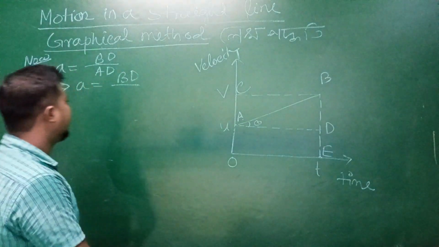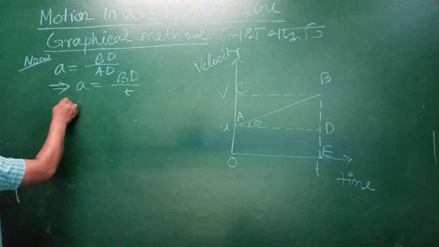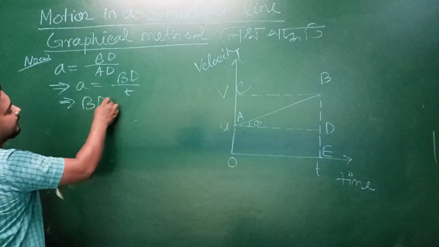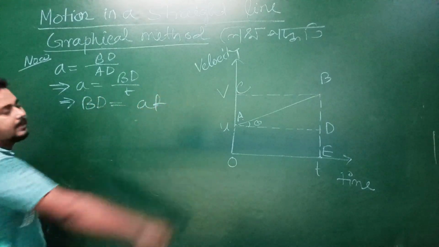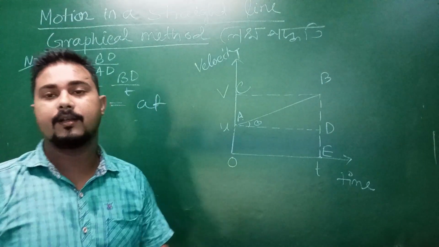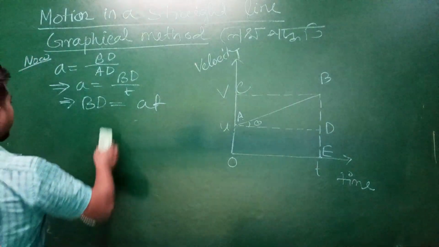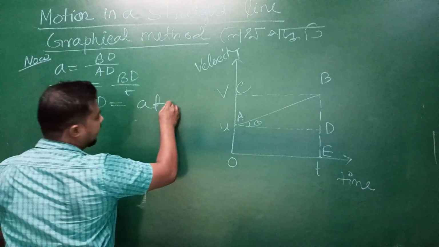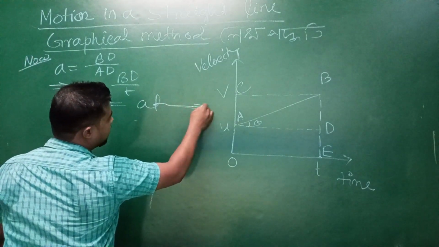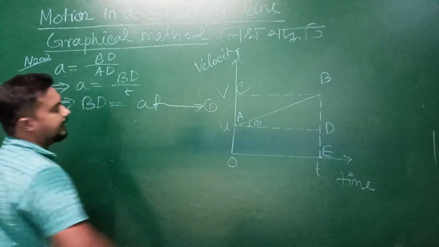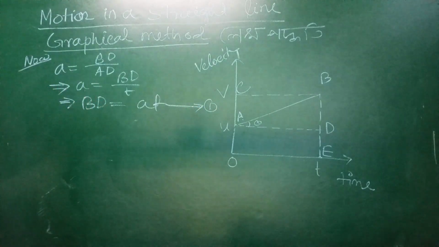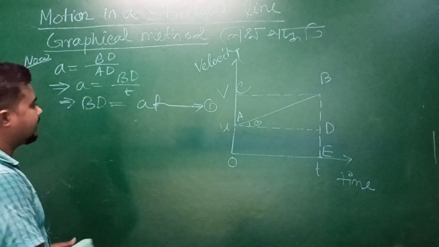Then BD will be equal to at. So we write BD is equal to at. We call this equation number 1.